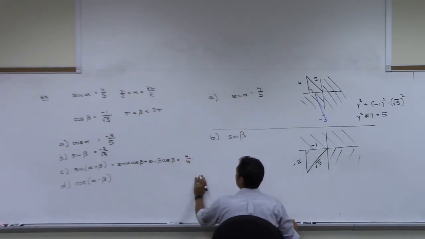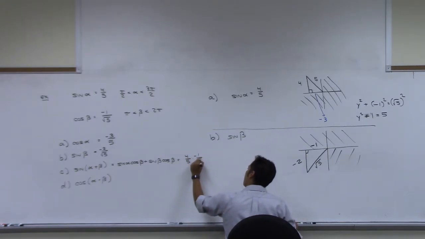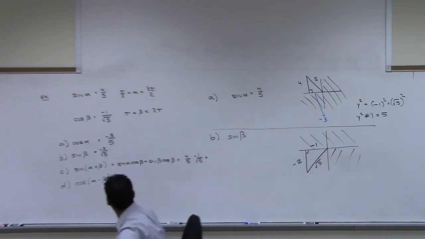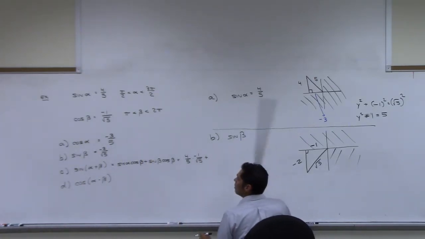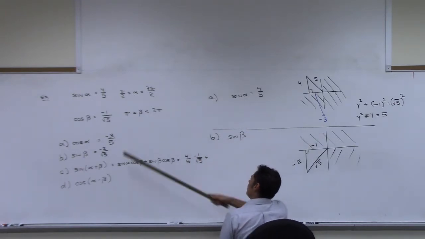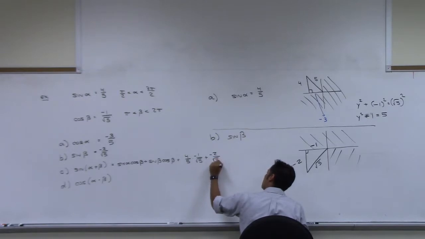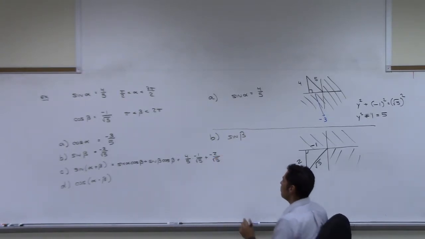Times cosine beta, -1 over root 5, right? Plus sine beta, which is, where is it? Oh, here it is, right there. -2 over root 5 times cosine beta, which is -1 over root 5.